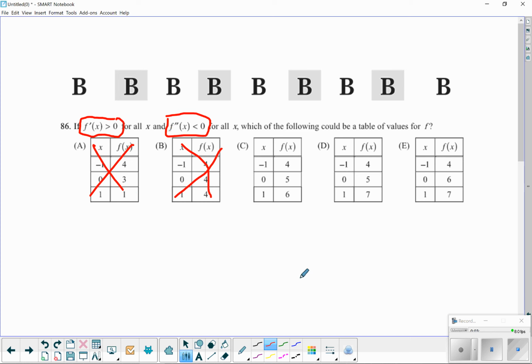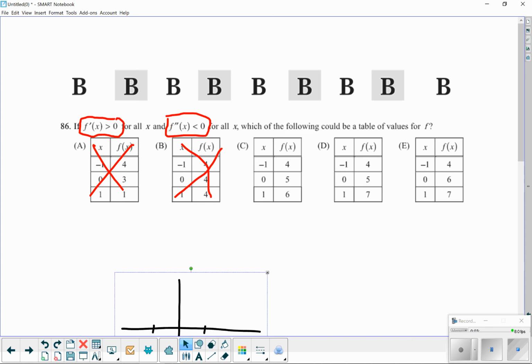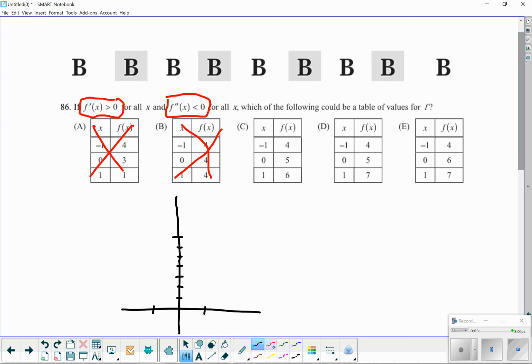But if you look at C, let me just get this started, right? So at negative 1, at 0, and at 1. Let me move this down just a bit. So if at negative 1 you're at 4, let's just say at negative 1 you're at 4.